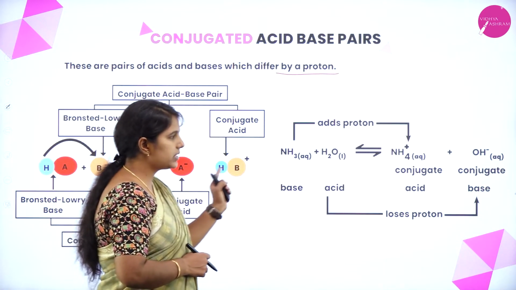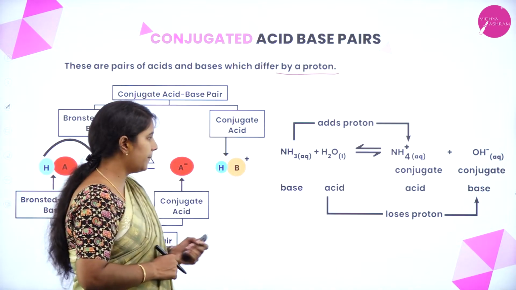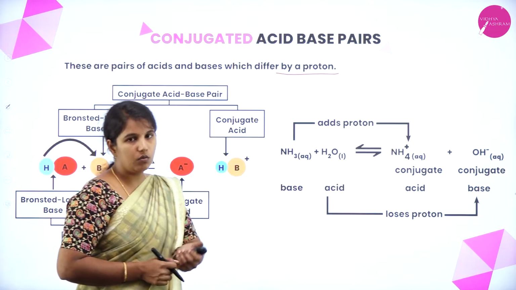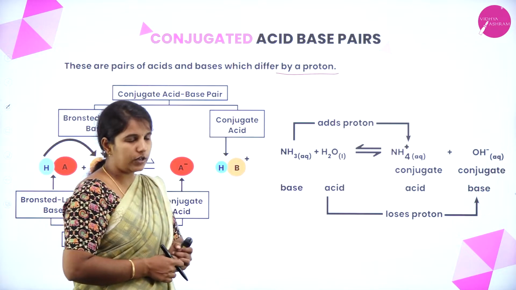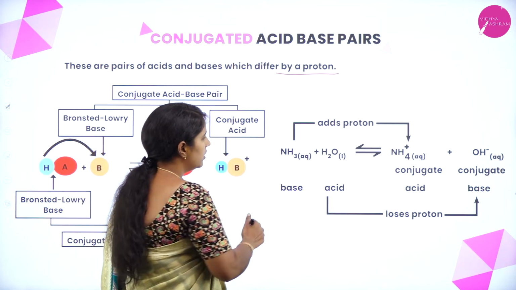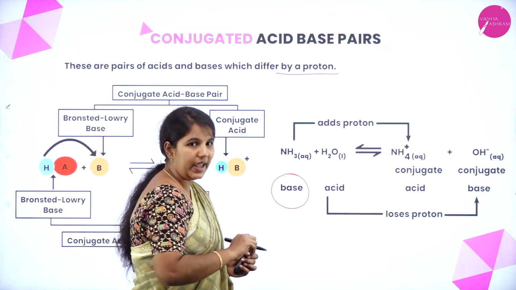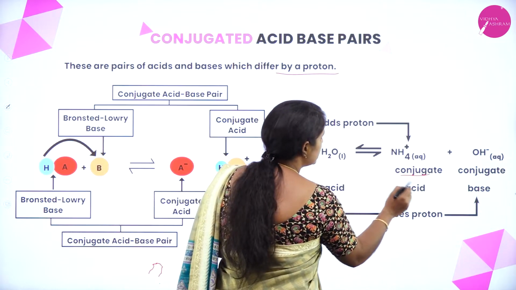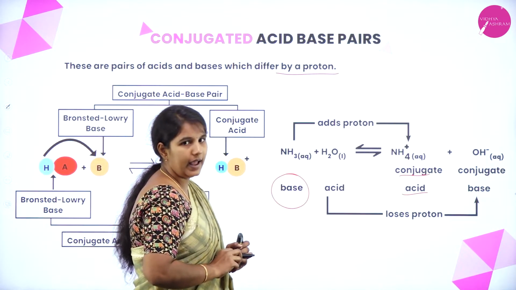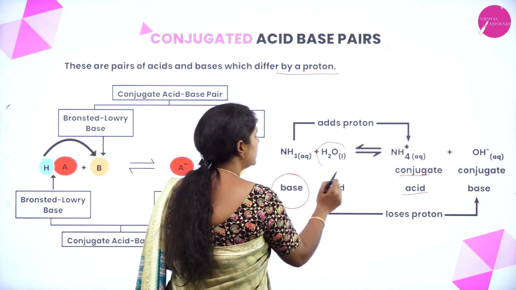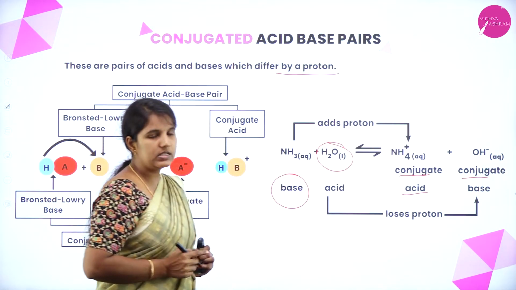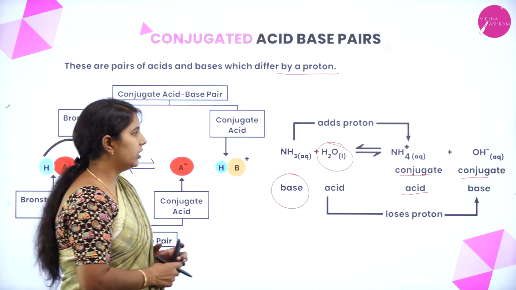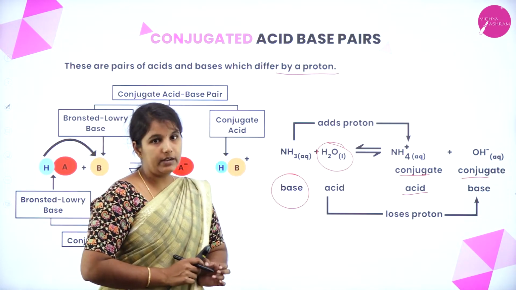Take this example with ammonia and the water molecule. Here, ammonia is a base, whereas water is my acid. The base which can easily accept the proton becomes what? Conjugate acid. Whereas water is an acid, it can easily give one H plus ion, hence it becomes OH minus ion, hence it is a conjugate base.